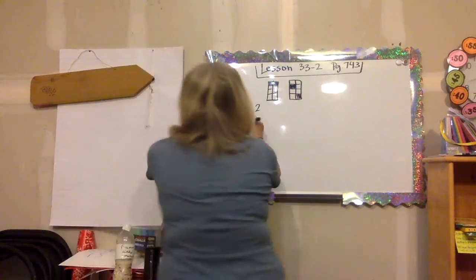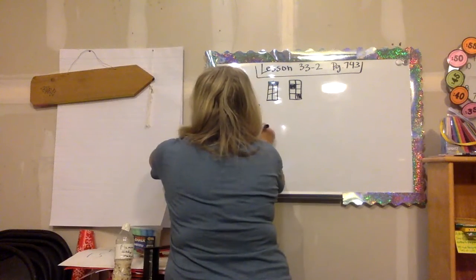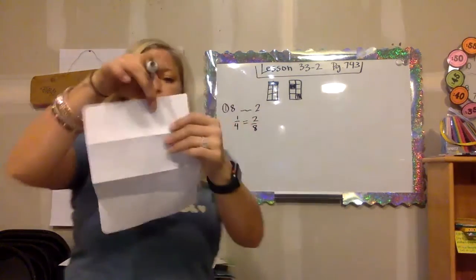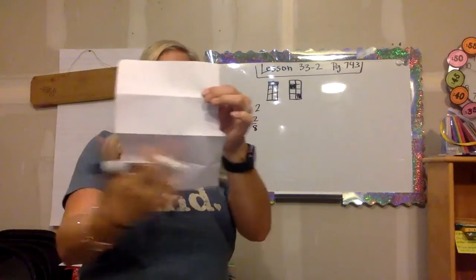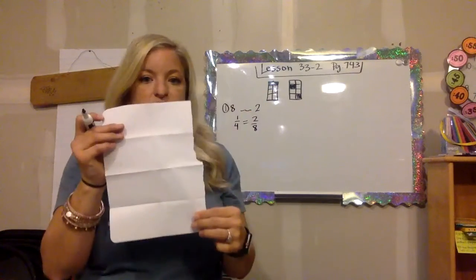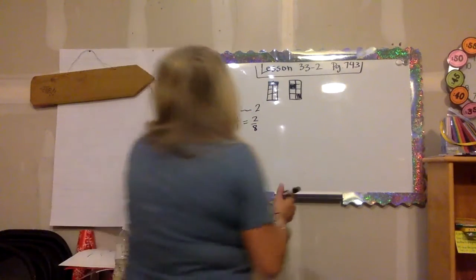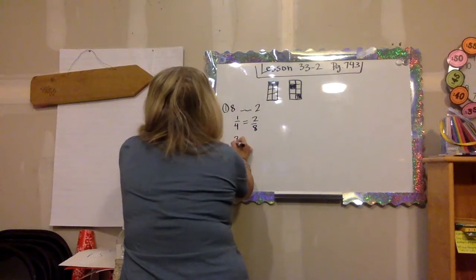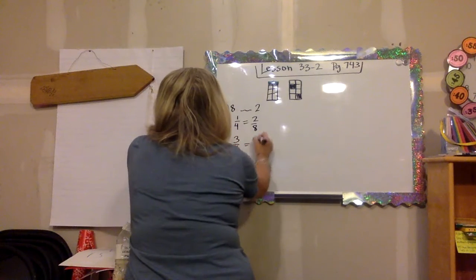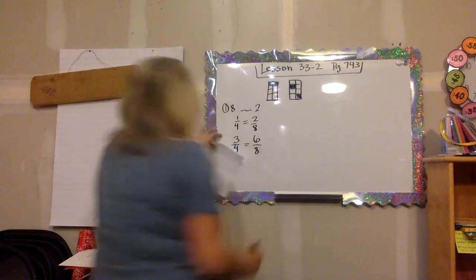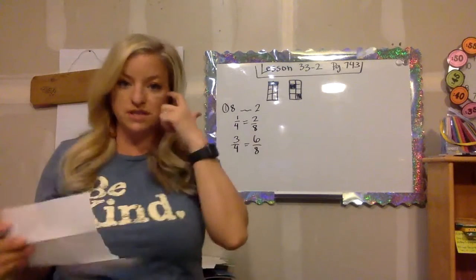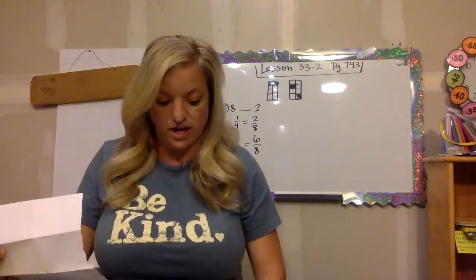He colors in 1/4, which is also equivalent to 2/8. So 1, 2, 3, 4, 5, 6, 7, 8. There's 8 pieces. If he colors in 2/8, then the fraction not colored is 3/4 or 6/8. However you decide to look at it, whether it's 4ths or 8ths.